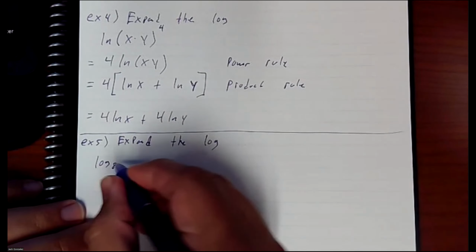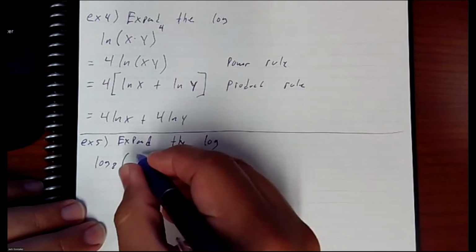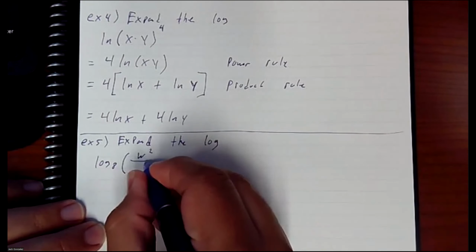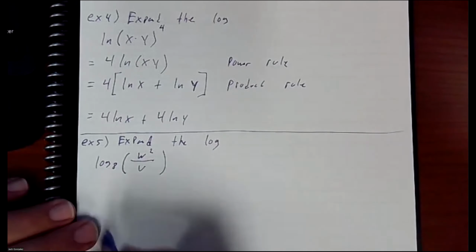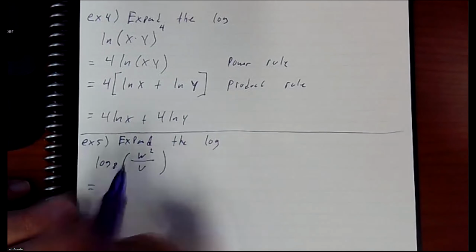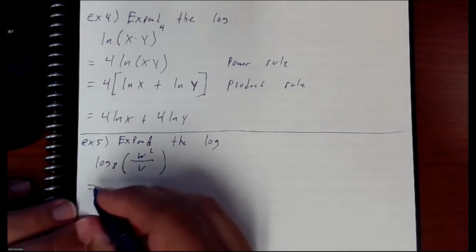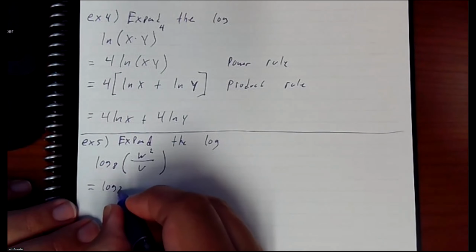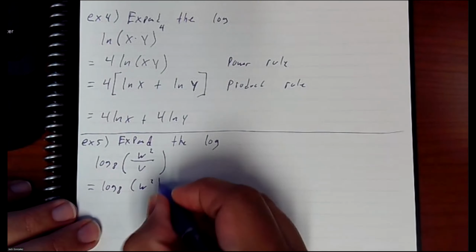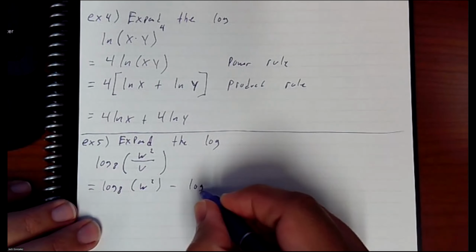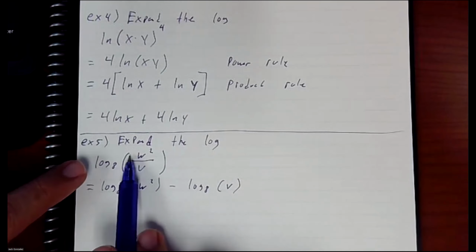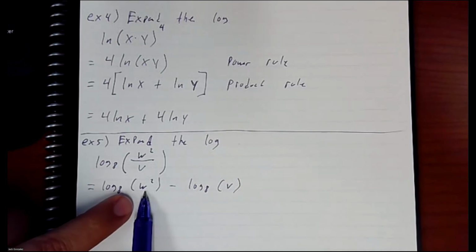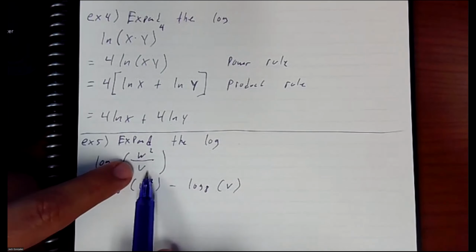Log base 8 of w squared over v. So apply the difference. That would be log base 8 of w squared minus log base 8 of v. So always do whatever's up top, even if you have multiple terms, that goes first, minus whatever's at the bottom here.